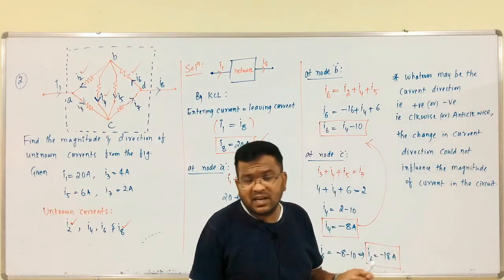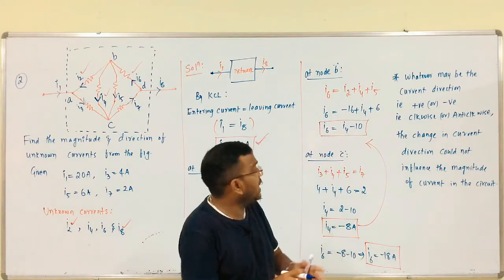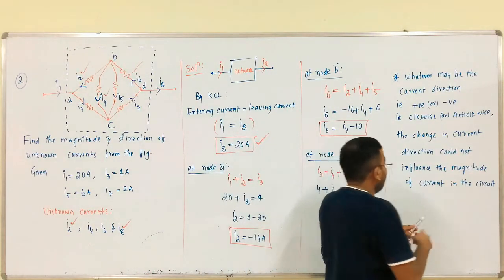So, whatever may be the current direction, it could not influence the magnitude of current.